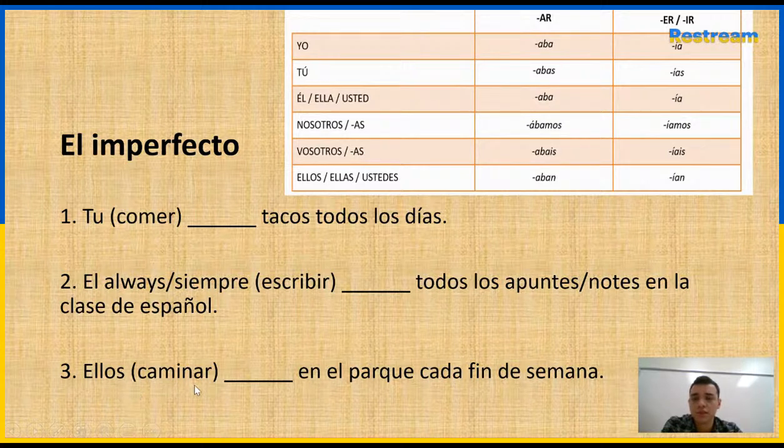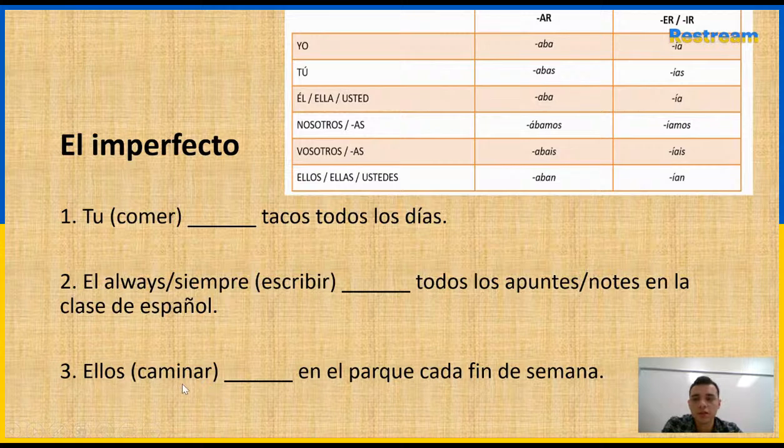Now the last sentence says ellos caminar en el parque cada fin de semana. So we have the subject pronoun ellos, the verb caminar, and the verb ending ar. So we look at our chart, we have ellos and the verb ending ar. So the correct verb ending would be aban.